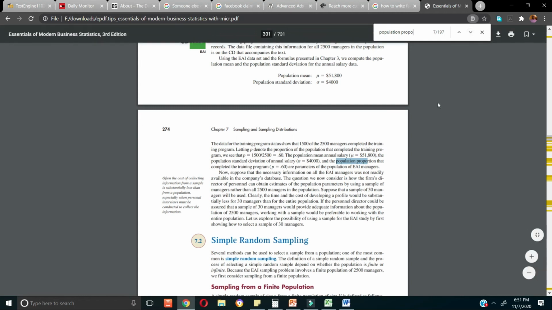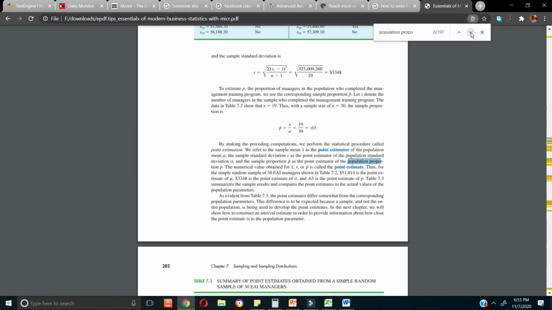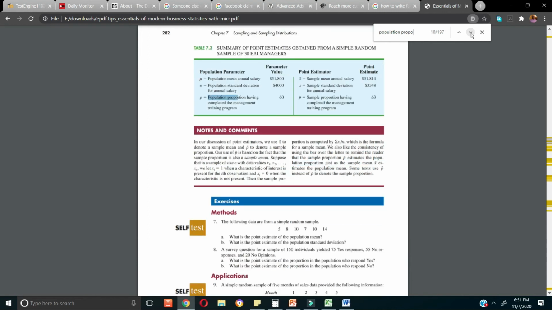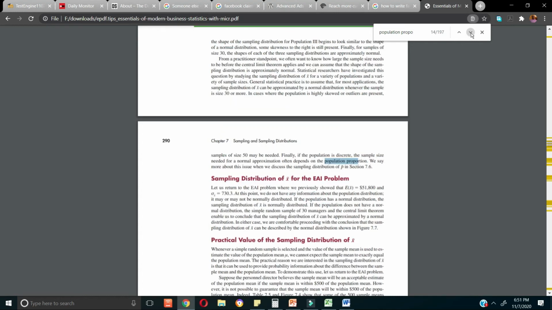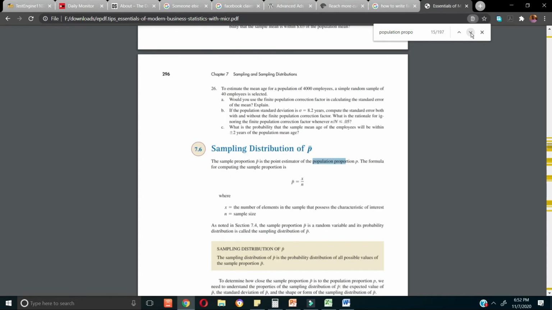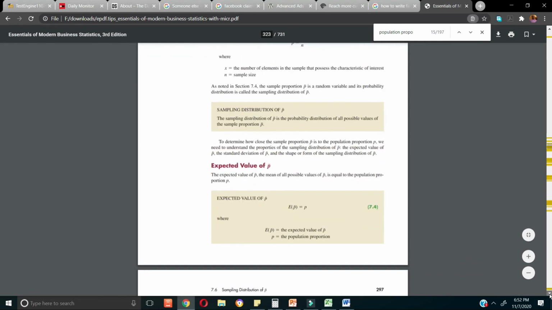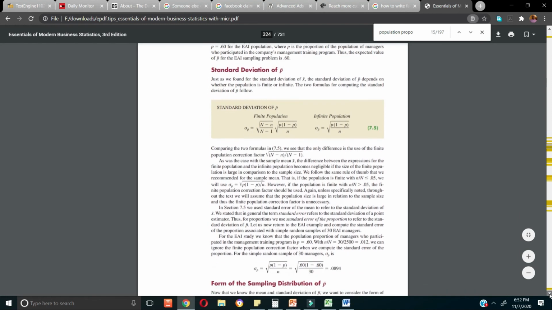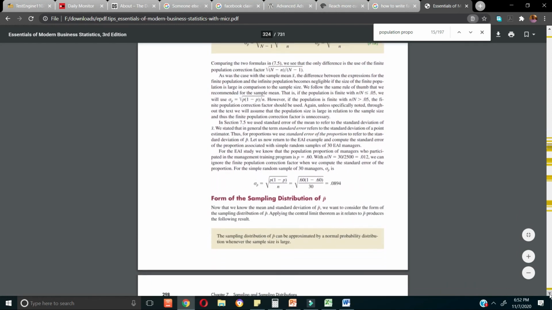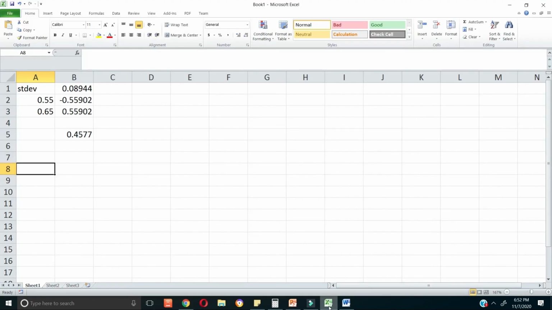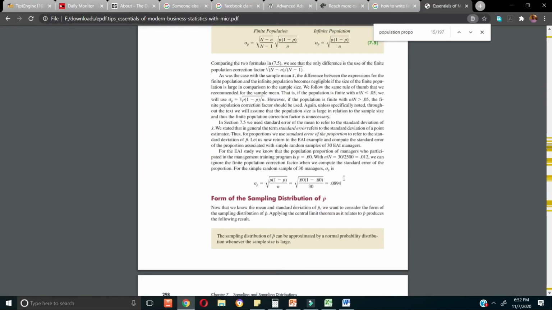So we have p equal to 0.6. Look at the sampling distribution. We've got the standard deviation, 0.0894.